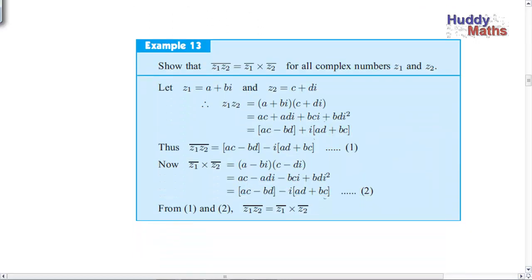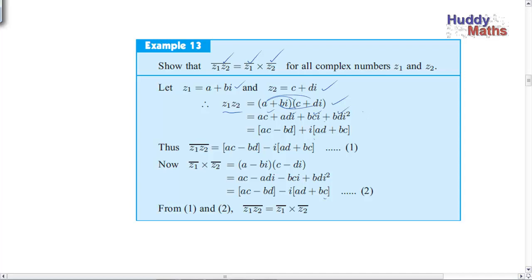Here's another little proof, proving that the conjugate of a product is the product of the conjugates. Okay, so z1 is a plus bi again, because it's a proof or show that, and z2 is c plus di. Let's multiply them together: ac, plus adi, bci and bdi squared.